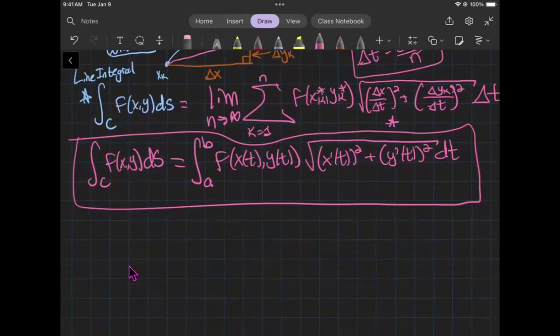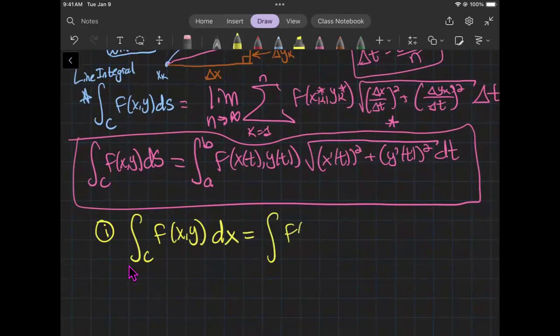Yeah, and then a couple more integrals to write down. If the x or the y of t is 0, you can write out the line integrals like this. So you may have an integral that looks like this, dx. Well, this equals the integral of f of x of t, y of t times x prime of t dt.